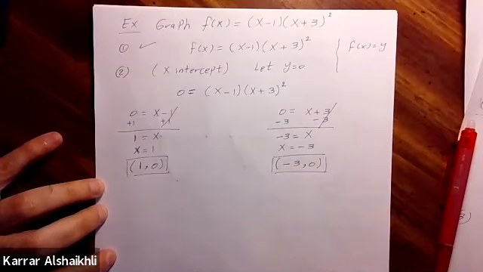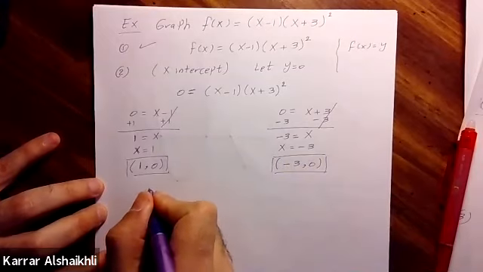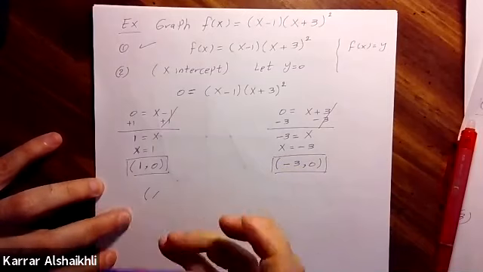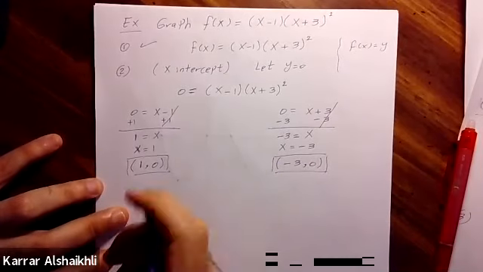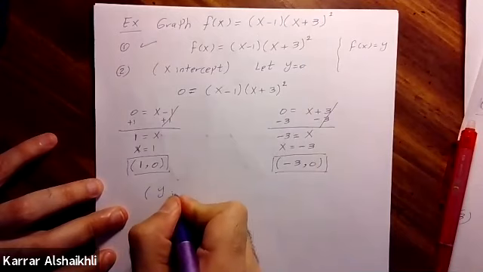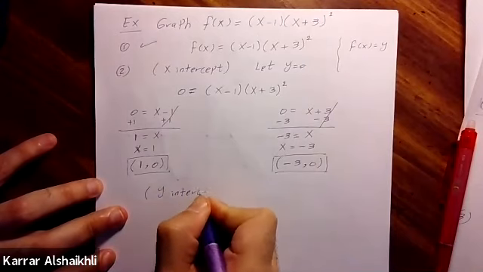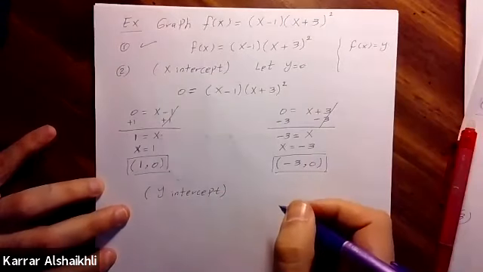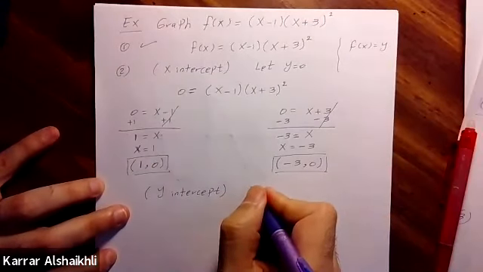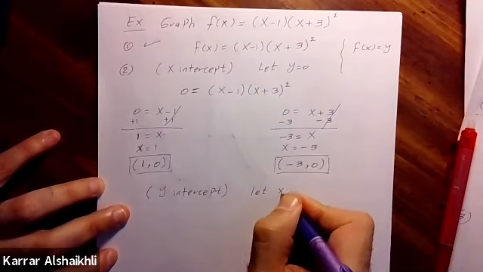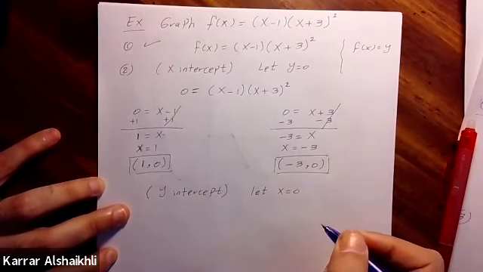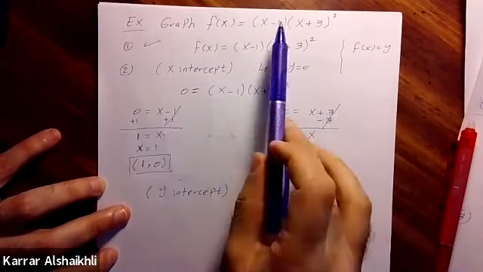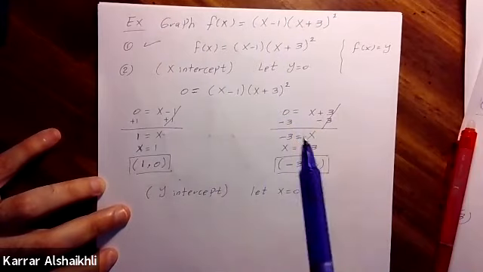Now we're going to find the y-intercept. How are we going to find the y-intercept? By letting x equal 0. So here is the second part. Find the y-intercept. We're going to plug in x equals 0 here, here and here.